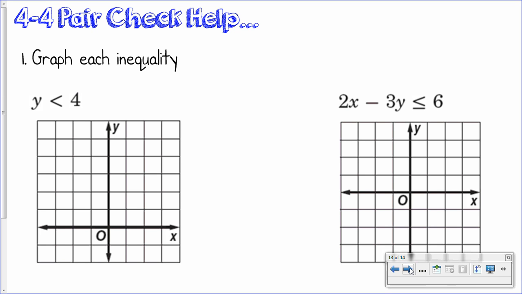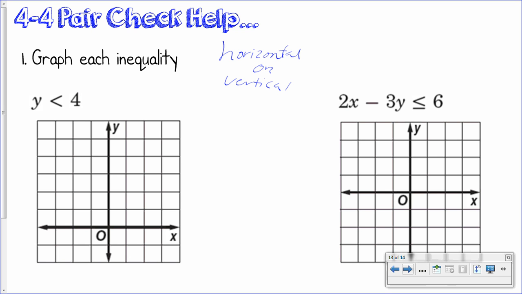Okay, anytime you see a linear equation in one variable, like you have on number 1, what kind of line is that going to make? Horizontal or vertical, right?